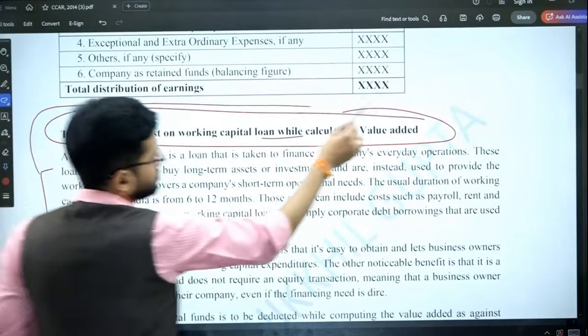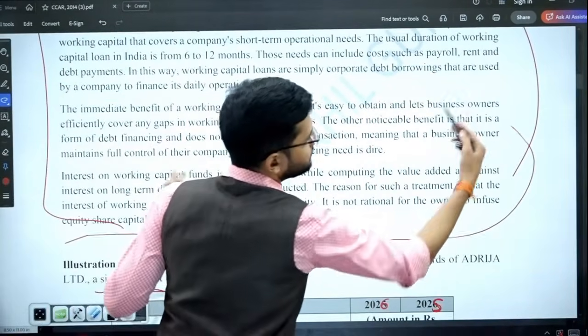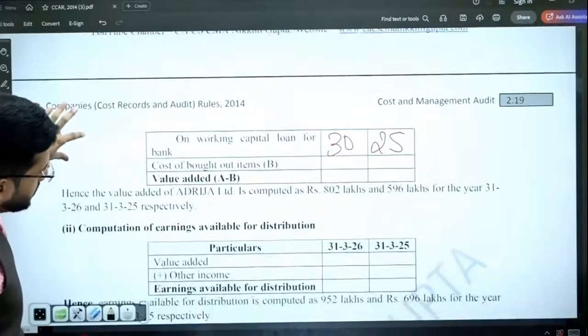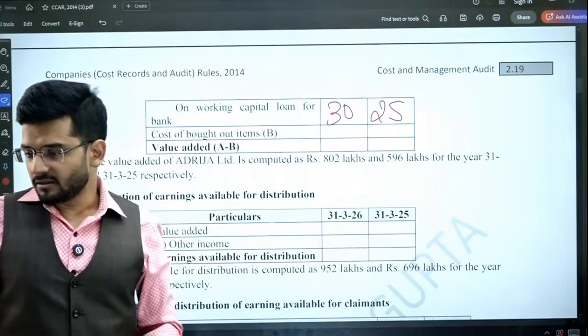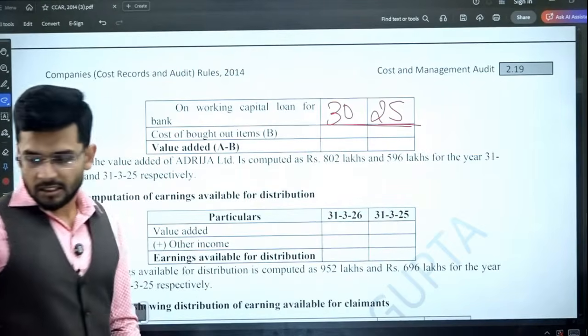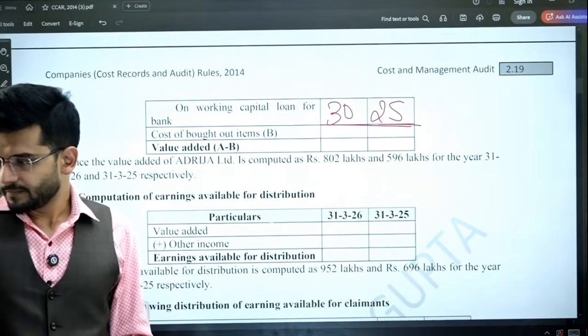You will be able to understand more. This is an important paragraph which I have written on working capital interest. Please read it. Okay, sir, got it. So 30 and 25 is to be reduced. Now, please tell me, what is the total of cost of bought out items?